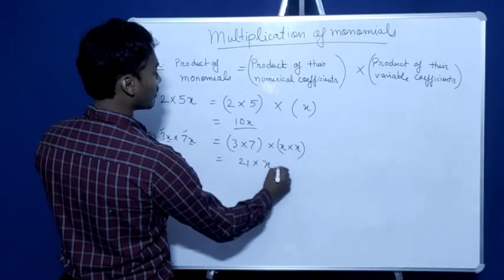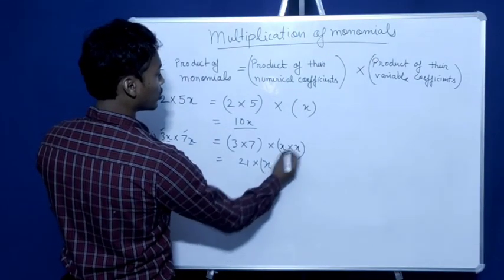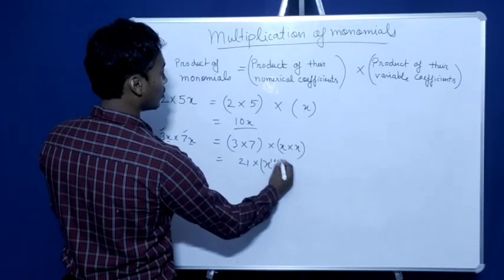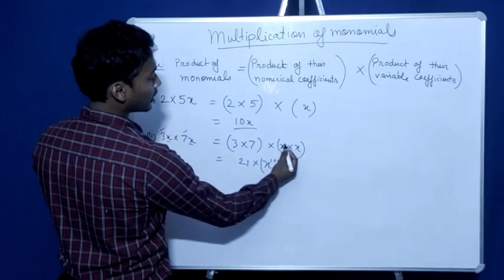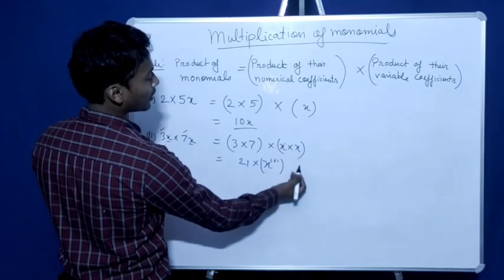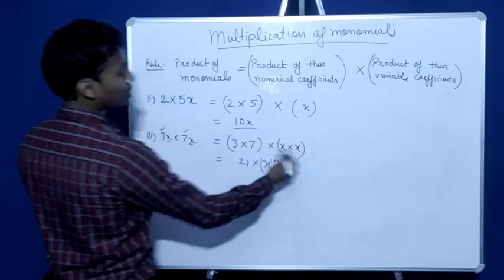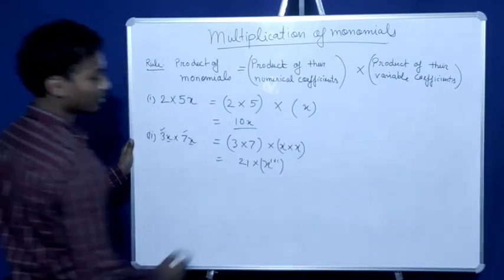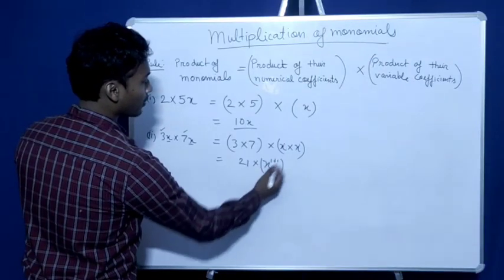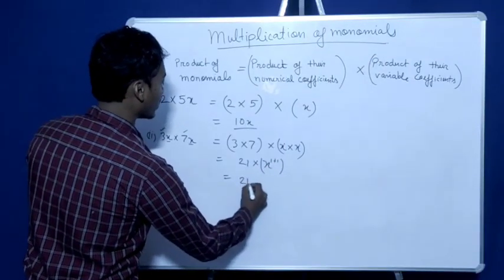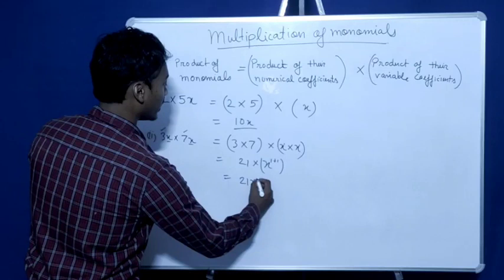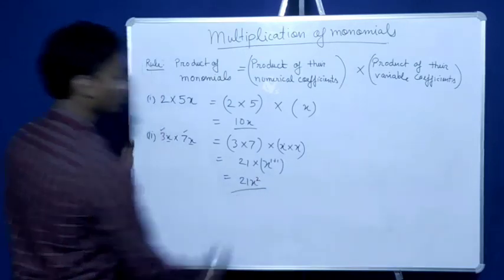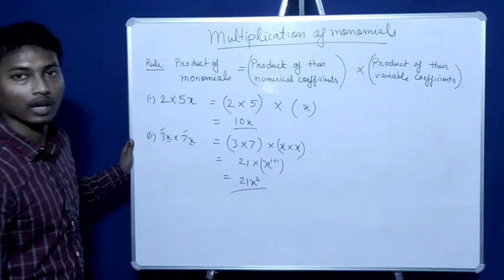Then x raised to the power 1 plus 1. Why? If it does not have anything in the exponent, it means it has 1 and 1. So when the bases are the same, what do we do? We add the exponents. So x raised to the power 1 plus 1, that is 2. So 21 into x raised to the power 2. So this is the answer.